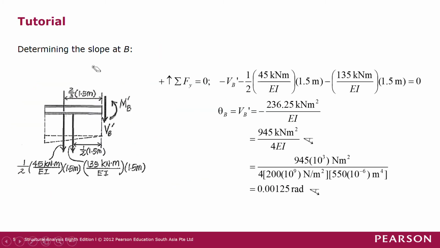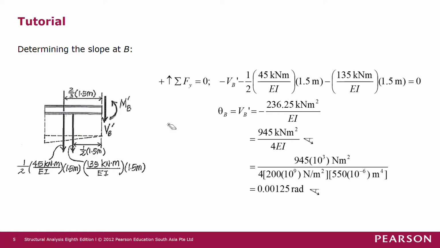On the right hand side, our shear is downward as a positive shear force, and anticlockwise moment is a positive bending moment, MB prime. On this segment, we have two resultant forces, one from the rectangular part of the distributed force, and another from the triangular load.